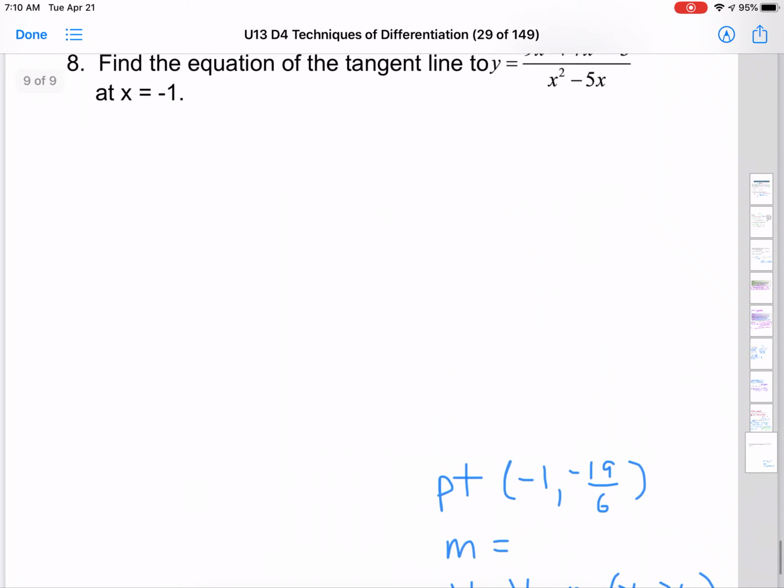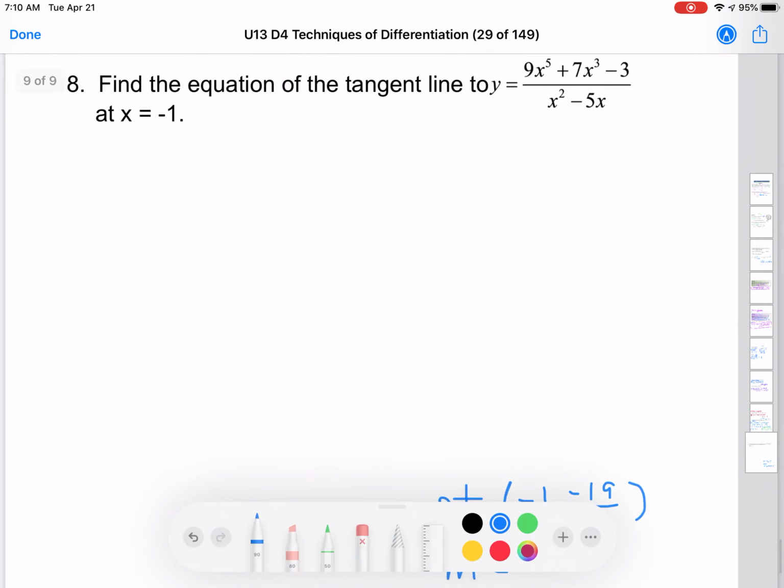Okay, so now let's do our quotient rule. Okay, so change in y over change in x. So this is bottom d top minus top d bottom over bottom squared. All right, so here we go. Bottom d top, derivative of the top.